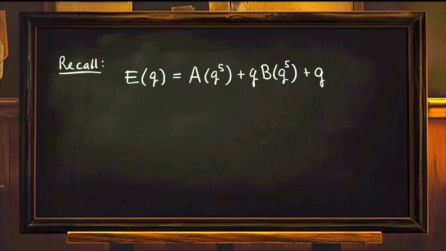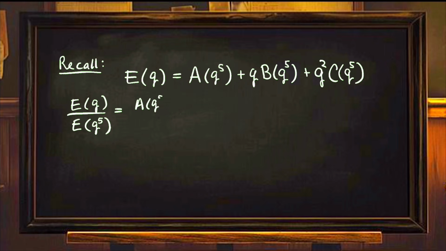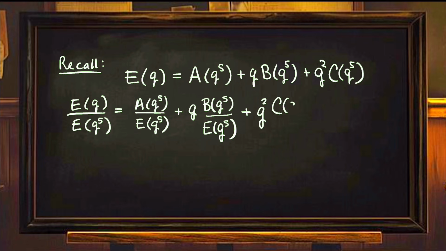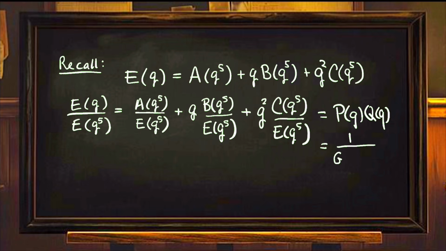Okay, so recall the Euler identity we came up with earlier. And we found the ratio E of Q over E of Q to the 5th. So if we wrote that out explicitly, our product P times Q, which is the ratio of 1 over G times H, is in fact this ratio E(Q) over E(Q to the 5th).